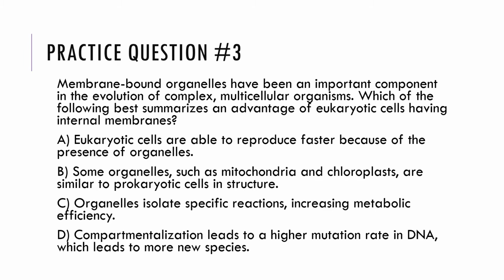B, some organelles such as mitochondria and chloroplasts are similar to prokaryotic cells in structure? C, organelles isolate specific reactions, increasing metabolic efficiency? Or D, compartmentalization leads to a higher mutation rate in DNA, which leads to more new species?